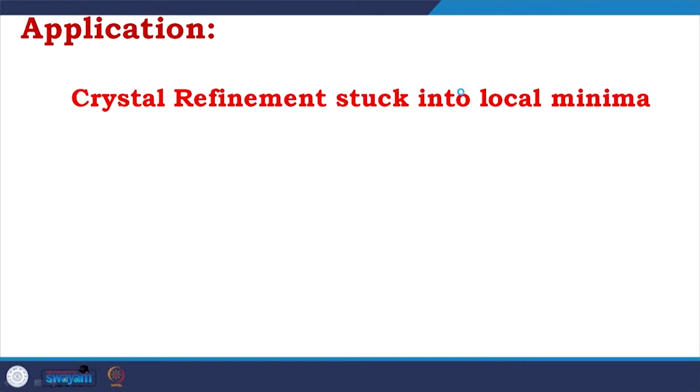Crystal refinement stuck in a local minima. If you remember, I talked in detail about the R factors. When you perform minimization in each cycle, you have observed there is minimization of the R factor. So, your journey starts at 0.6 to 0.7, 60%, 70%, and you have to achieve 0.2.